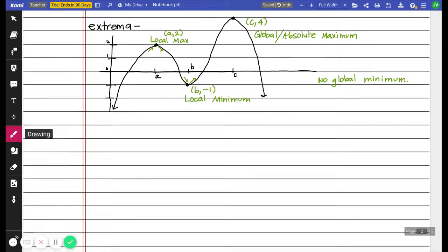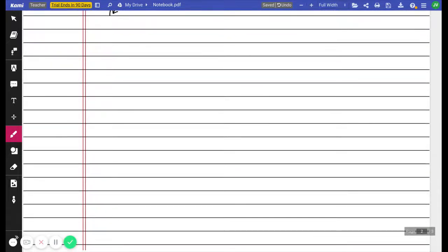The next thing we can look at for our graph is, is our graph bounded? In other words, can our graph fit totally above a line or totally below a line? So let's draw 3 graphs. 1, 2, 3.